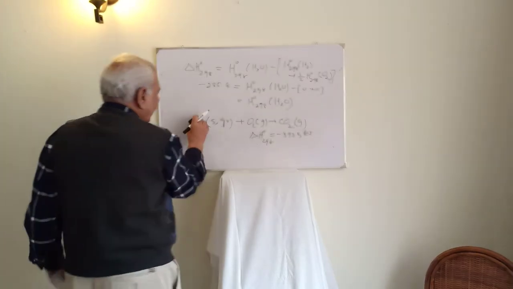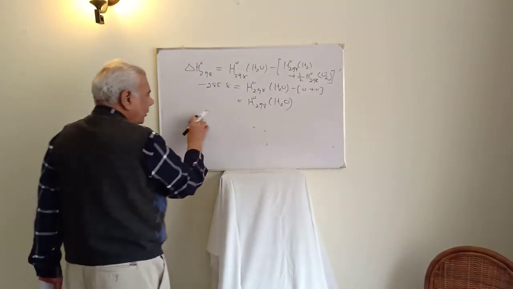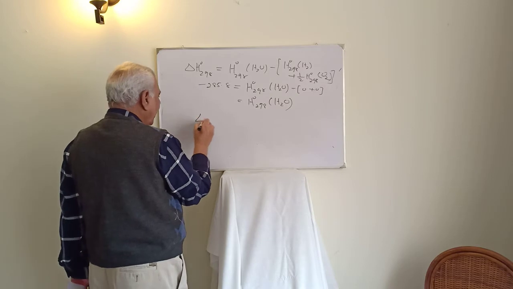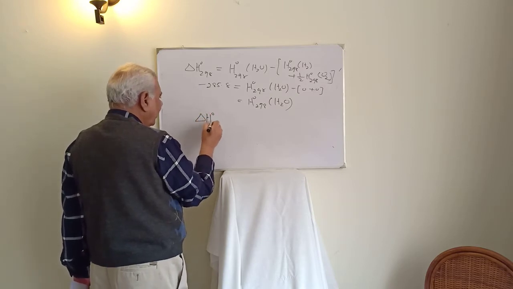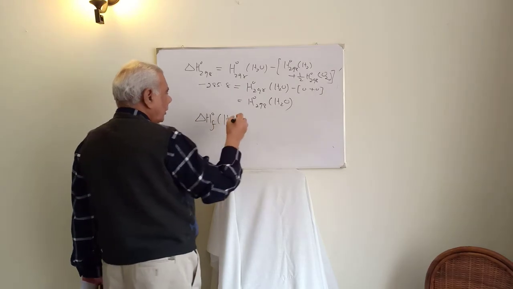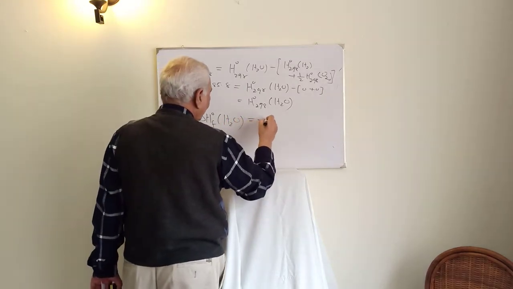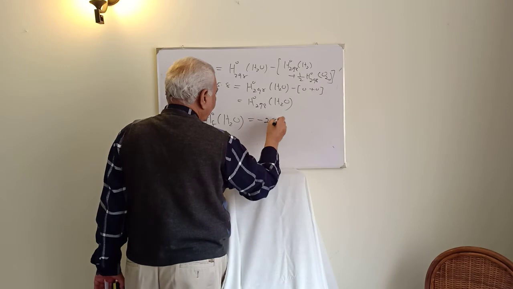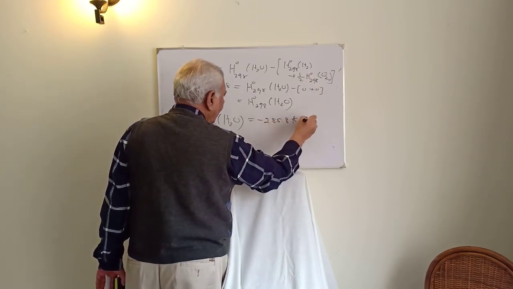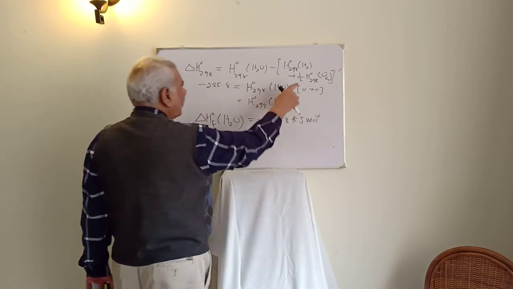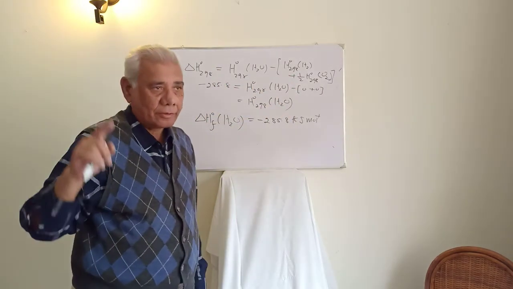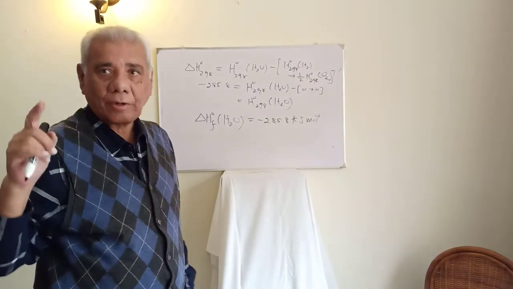So we write that delta H naught f of H2O is minus 285.8 kJ per mole, because 1 mole of water is formed from 1 mole of hydrogen and half a mole of oxygen.